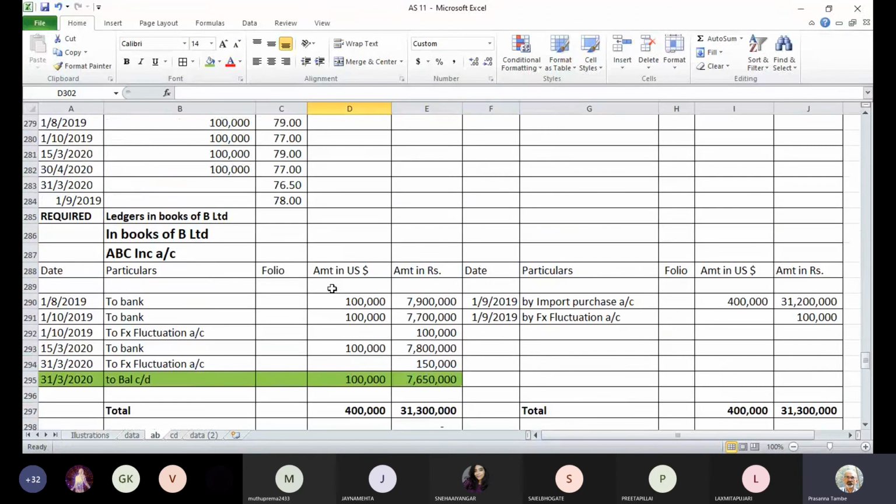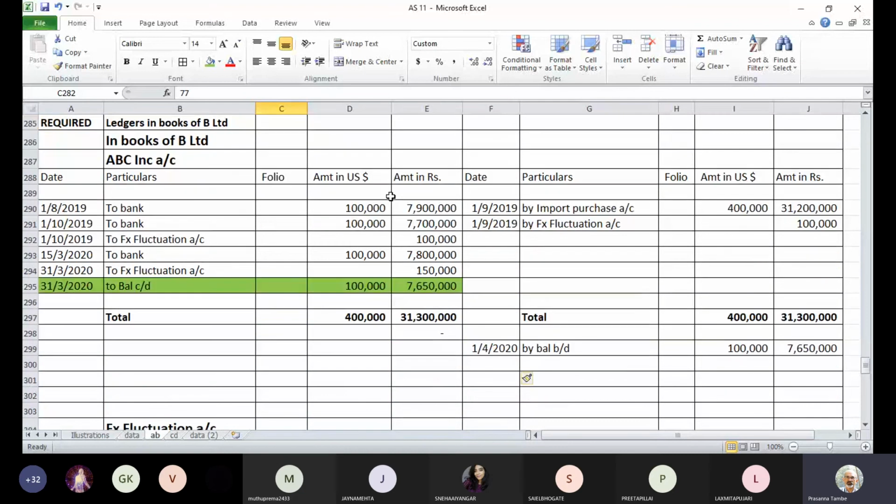Now coming to the last transaction, on 30th April, 77 is the dollar rate at which we have made the payment. Our booking rate at the end of the year, restatement rate, was 76.5, and now you will be paying at 77. So you will make a loss, you will pay a higher amount of 50,000.